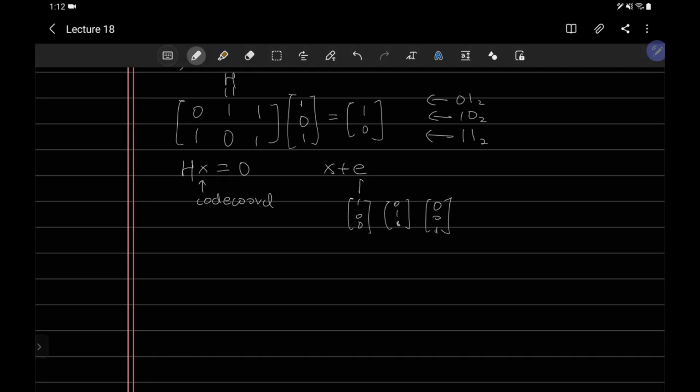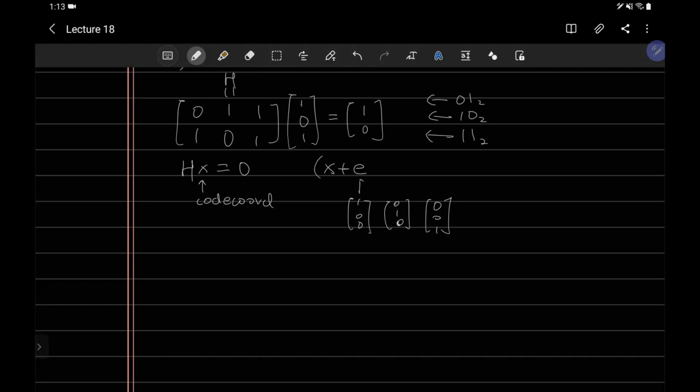Then it will actually flip the non-zero row. So if I add this error column vector to the code word column vector, then the non-zero element will flip the corresponding bit. So this can represent the code word with some error.